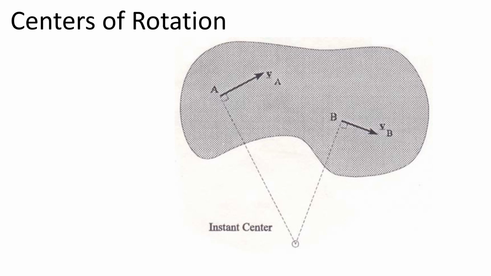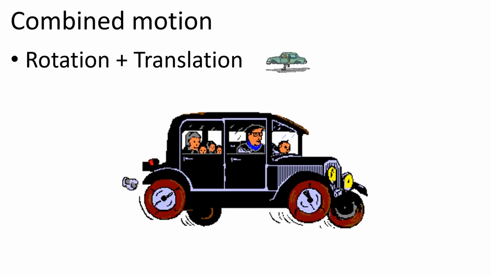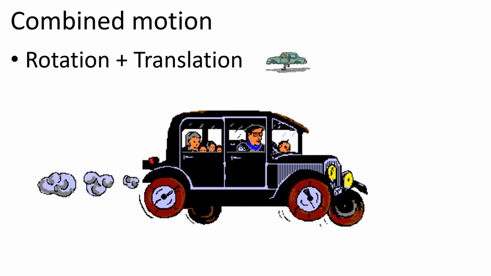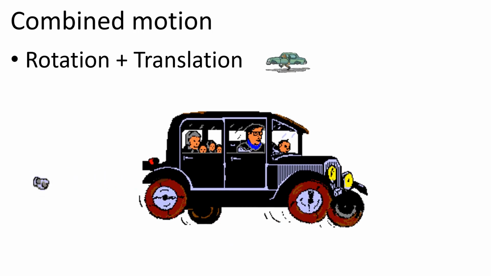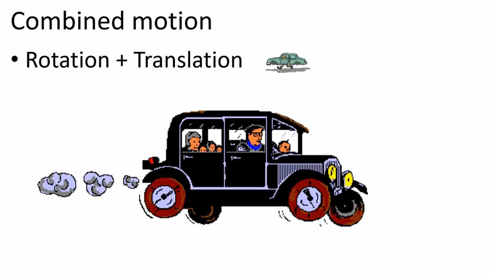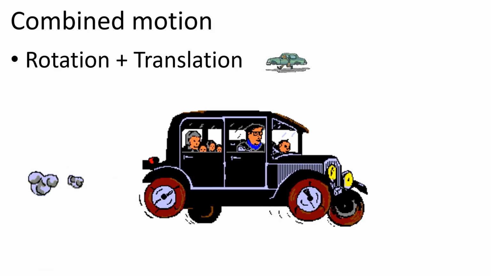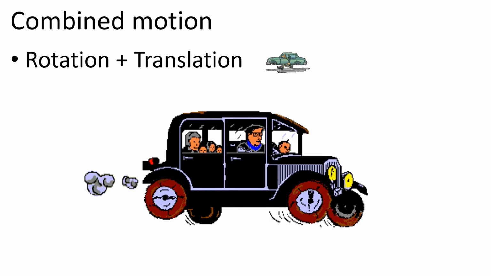Perpendicular drawn to these vectors will intersect at a point called as instant center. Combined motion. A body can have simultaneous motion of rotation plus translation. End result from such motions will be that of combined motion.